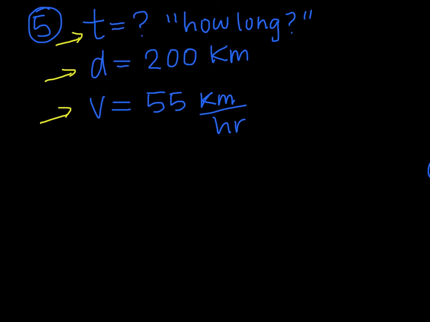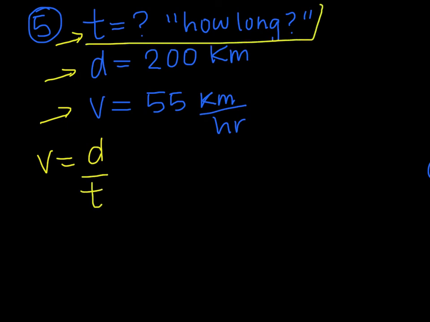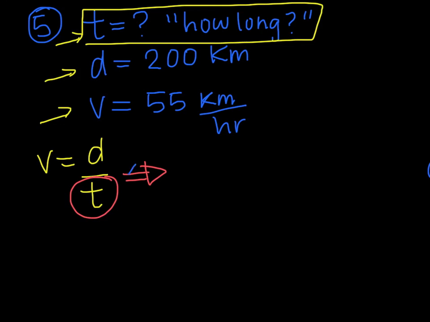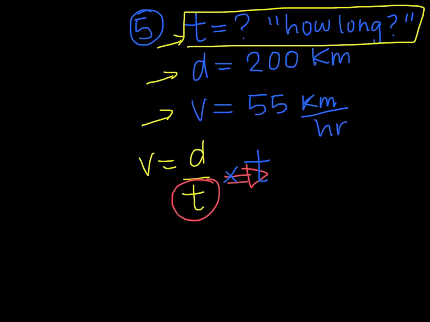So my equation is still velocity equals distance divided by time, but now I need to look at time. I need to solve for this. So I need to multiply both sides by time. And it cancels here and cancels here.